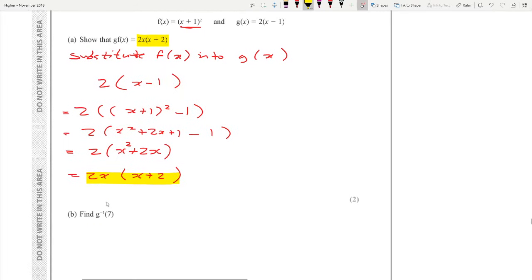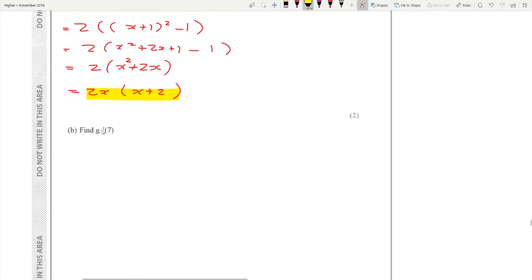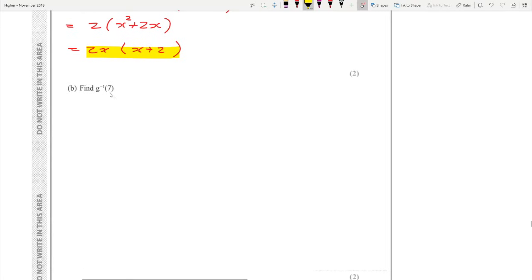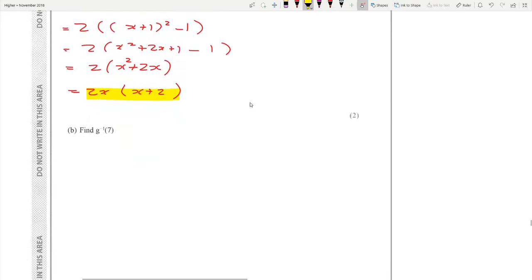Okay, part B, it says find g to the negative 1 when x is 7. All that means is find the inverse of the function g when x is 7. So first of all, we know g(x), what's the g(x)?